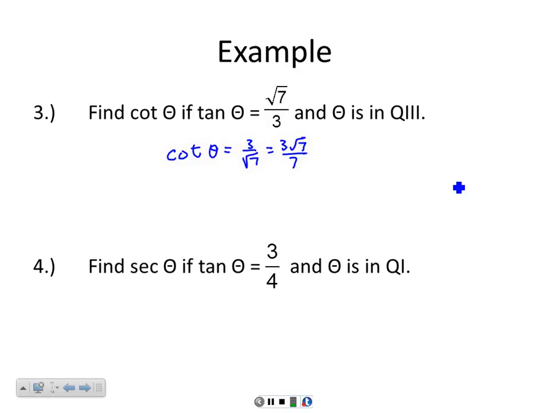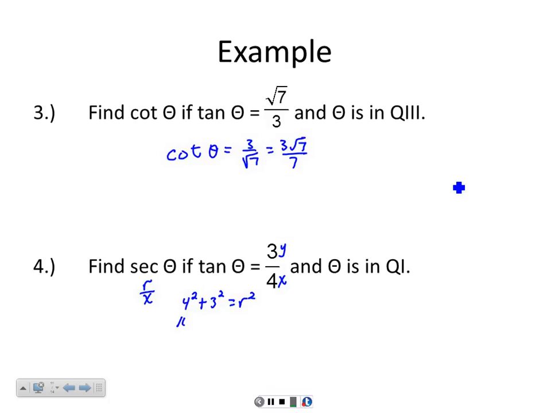Alright, number 4, secant and tangent. So we know, again, that tangent is y over x. Secant is the inverse of cosine, so that's going to be r over x. So we need to know what r is. So we'll have x squared plus y squared is equal to r squared.